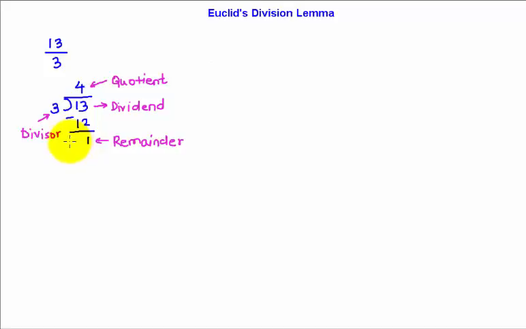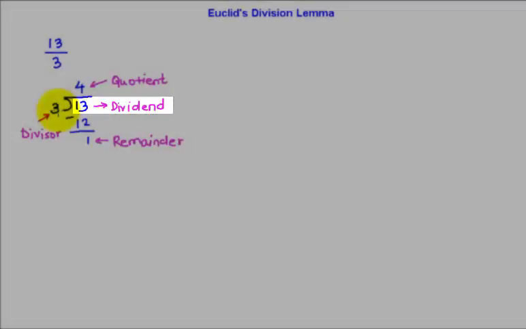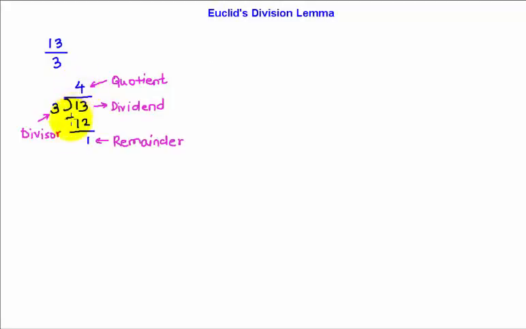Now if you take a look at this example, you can find that 13 is formed by multiplying 3 and 4. So 3 fours are 12, and if we add 1 to 12 we get 13. So dividend 13 is nothing but the product of 3 and 4 plus 1.